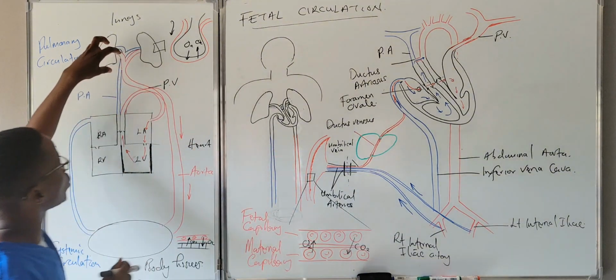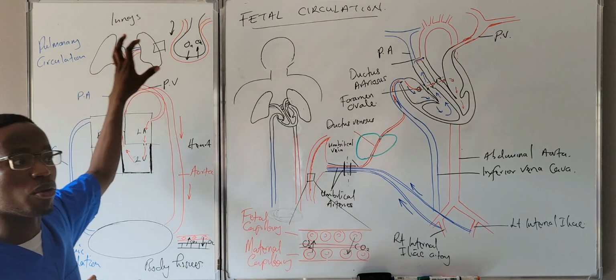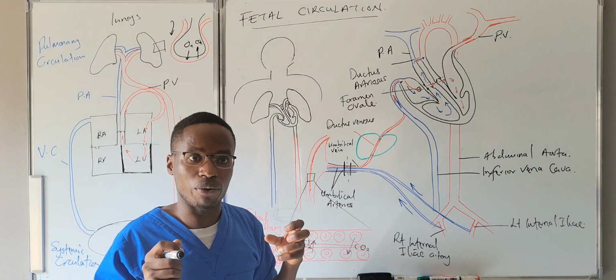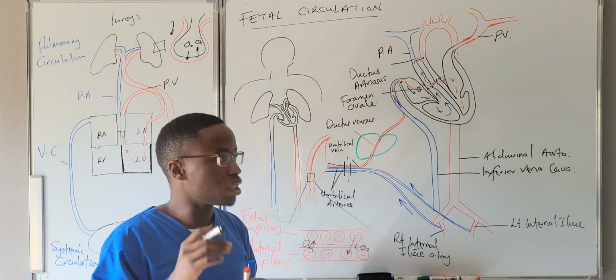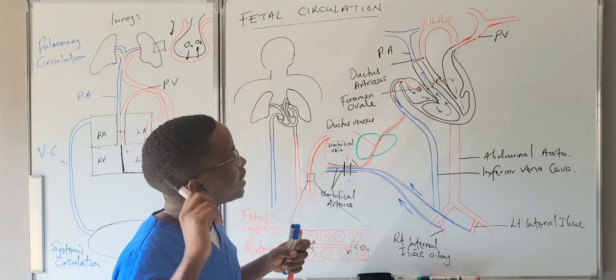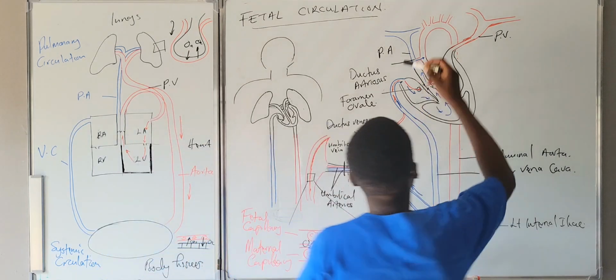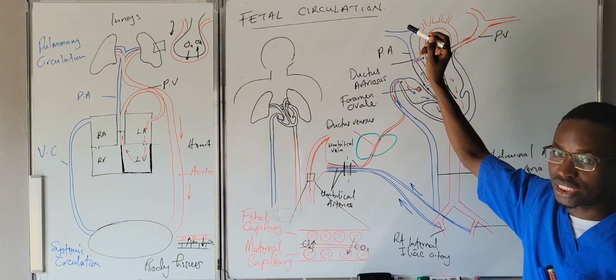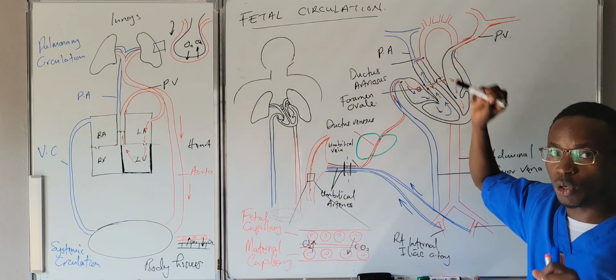The blood vessels in the lungs, the pulmonary circulation, are going to dilate. Once dilatation, or rather relaxation of those blood vessels, occurs, it means that the resistance that was there in the lungs is gone. Number one, there's no more resistance.